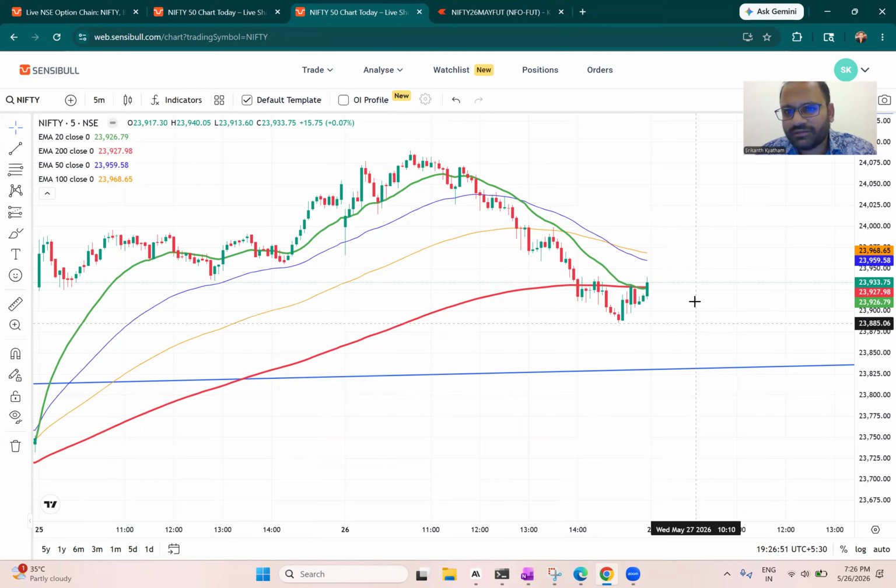And on the upside, let it cross 23,950. So 23,950 and 23,885 would be a no trade zone to me. Let the market break either of these zones. And if it breaches 23,885, I think the next support is somewhere around 23,830. And the next hurdle would be 24,000.